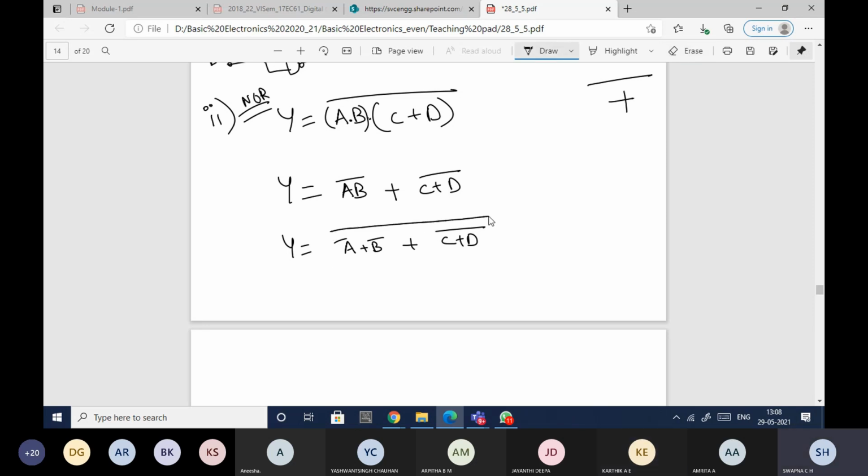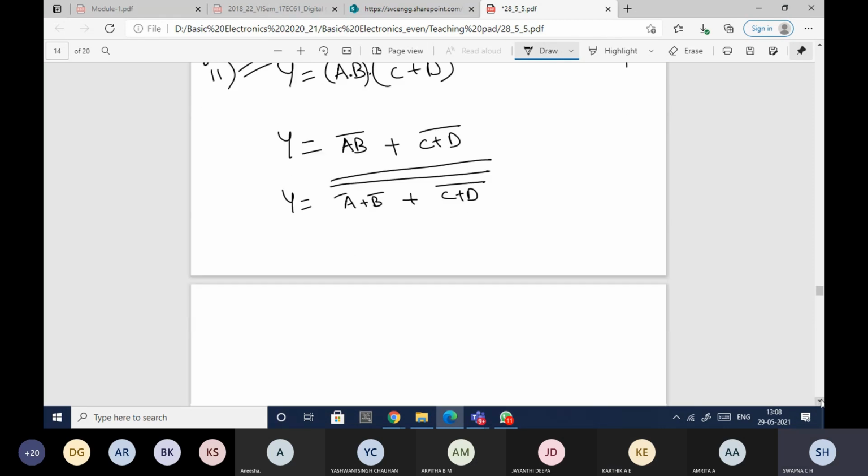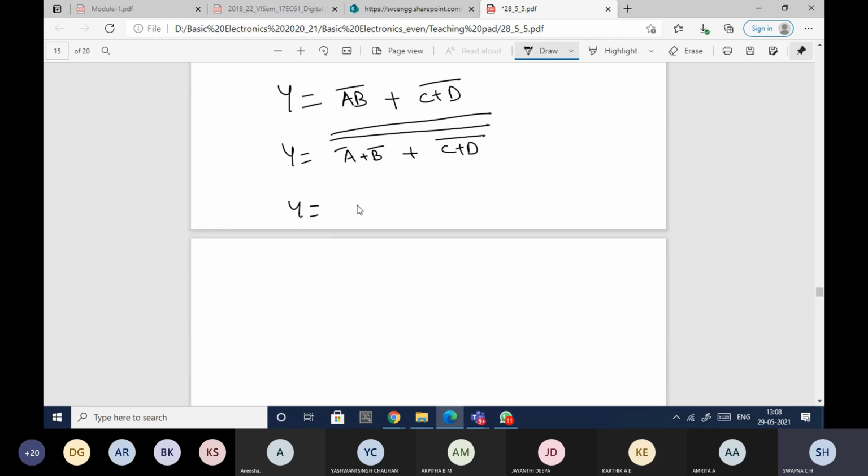So this will turn to Y is equal to A bar plus B bar double bar. Otherwise, I'll not take it for the entire thing, I'll just take it only for this term. Is it changing the meaning? No, right? So I can just take only for this because this is in the required form. C plus D whole bar can be implemented, but since I cannot implement A bar plus B bar without a whole complement, I've just added the double complement here only. I can do it in that way.